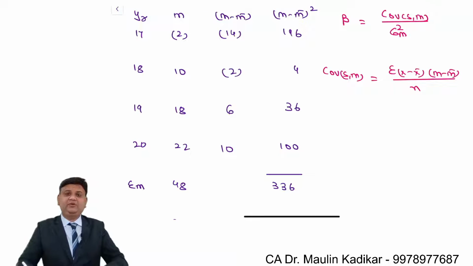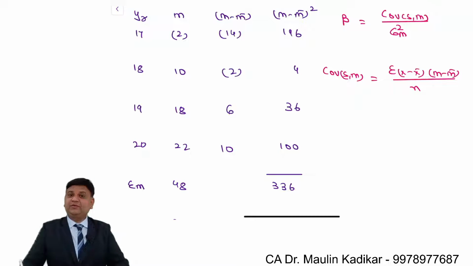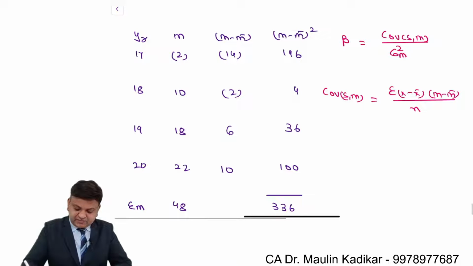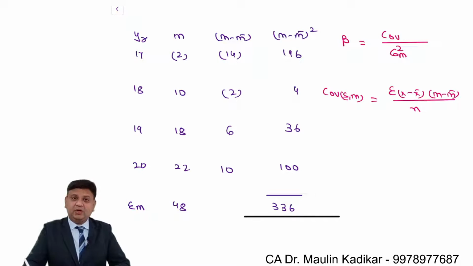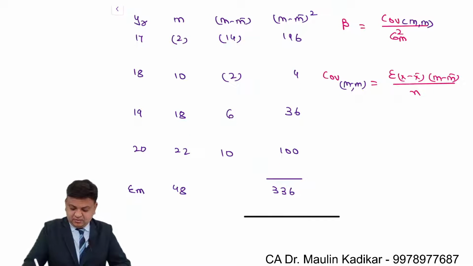Now this time we are required to make the computation of the beta of the market portfolio. So we can understand that instead of security, the numerator will be covariance of market with market. The covariance of the market with market will be calculated as summation M minus M bar into M minus M bar once again divided by the number of years.